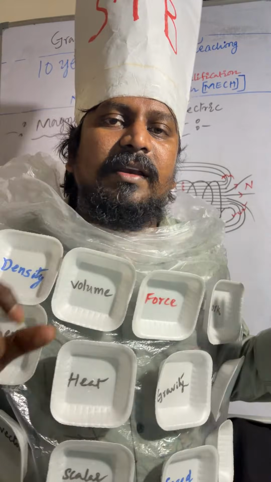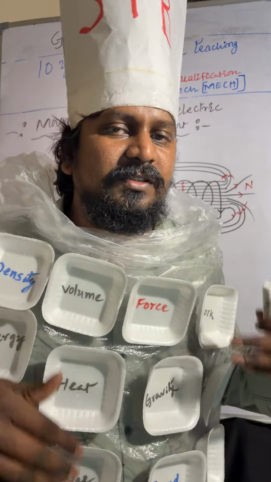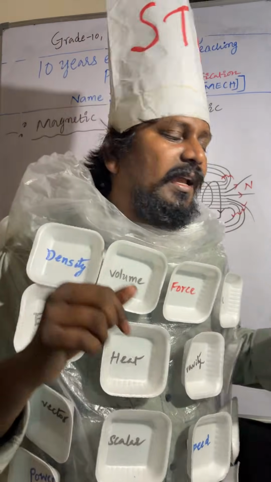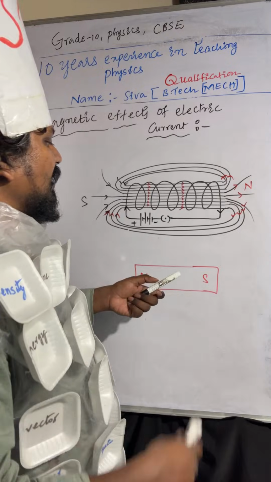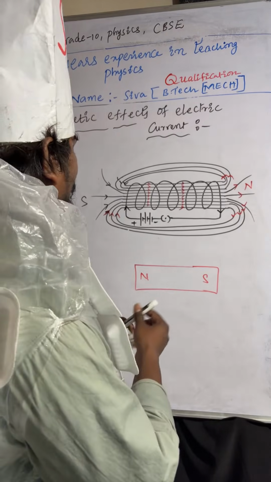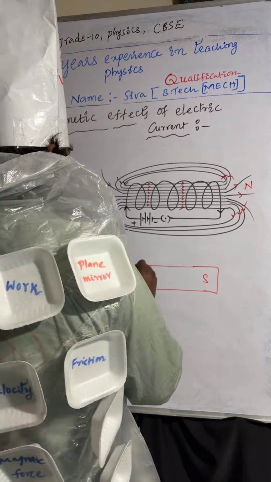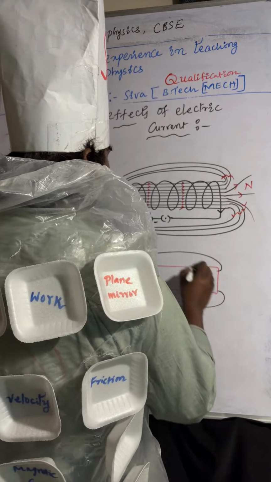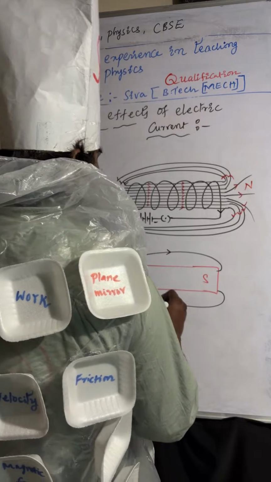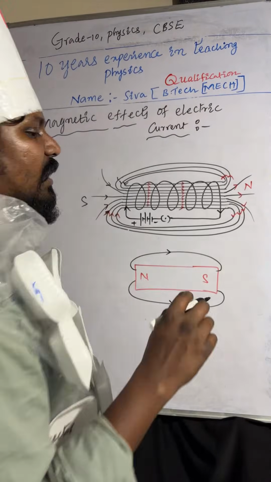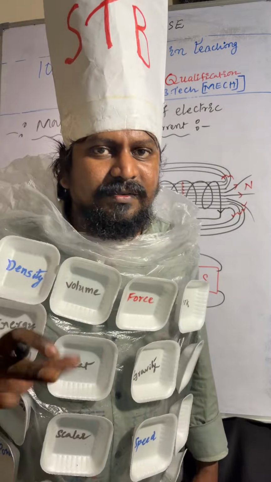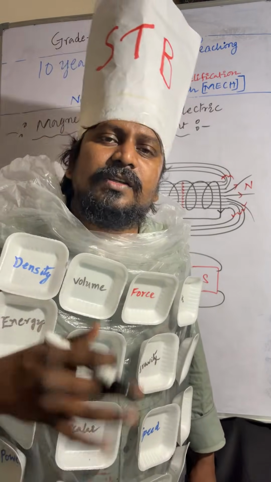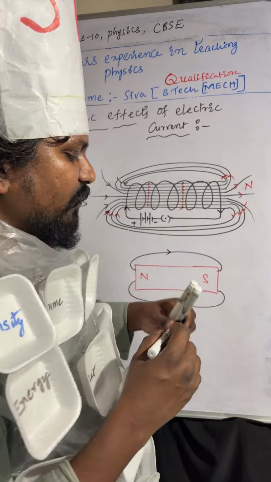When you suspend the solenoid, it always shows north and south direction. A magnet produces a magnetic field. For a bar magnet, the magnetic field is fixed, but for a solenoid the magnetic field is not fixed, so we can change it.